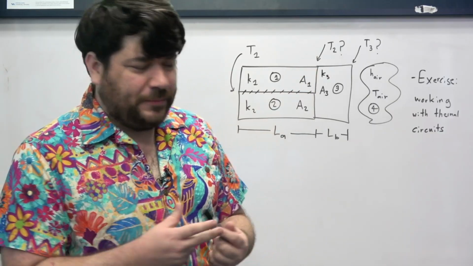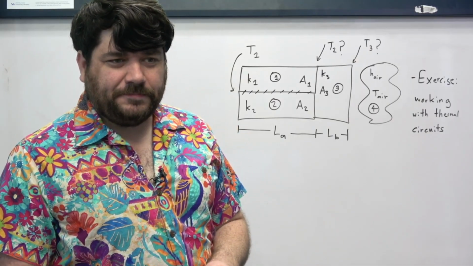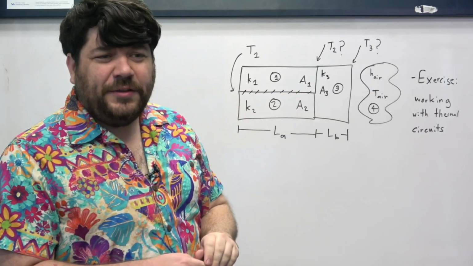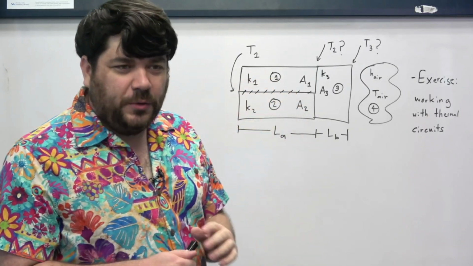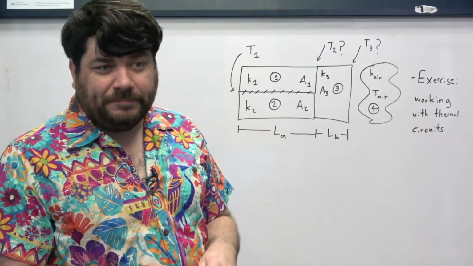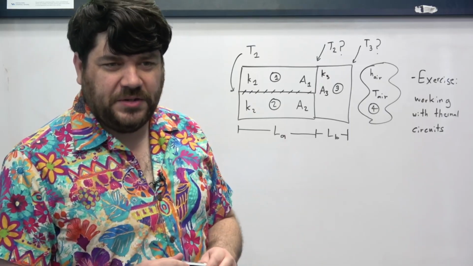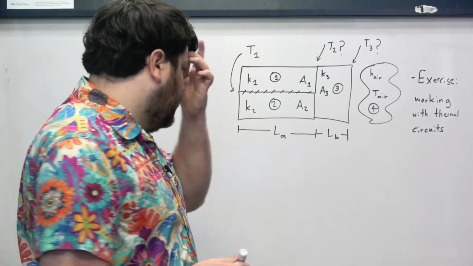Can we figure it out if we only know these two temperatures? We can also ask ourselves, what is the heat transfer rate through each of these little sections, through object 1 and 2? We know that the heat transfer rate has to split up. How does it split up? Can we calculate it? So that's what we're going to be doing today. So let's try to figure that out.